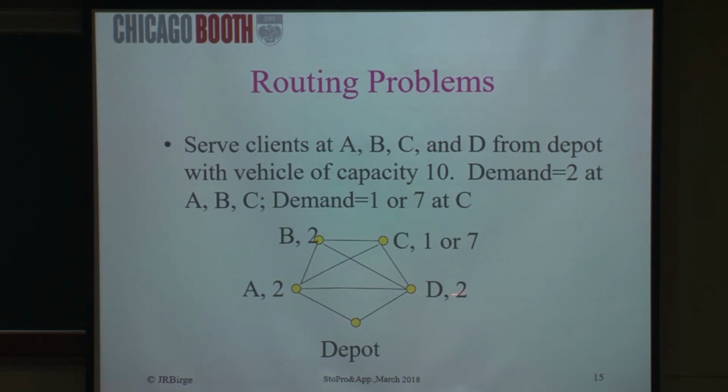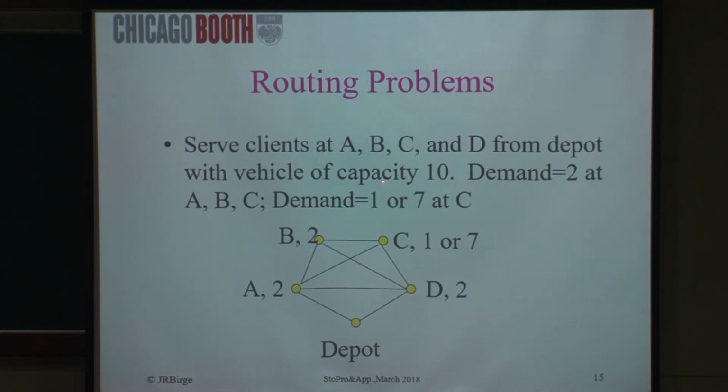I know that I need 2,000 gallons in each of these, or 200,000 liters in each of these places. So I have so many liters that I have to deliver to each of them. For C, though, I don't know exactly. It could be 100,000 liters, or it could be 700,000. I don't know which it is.